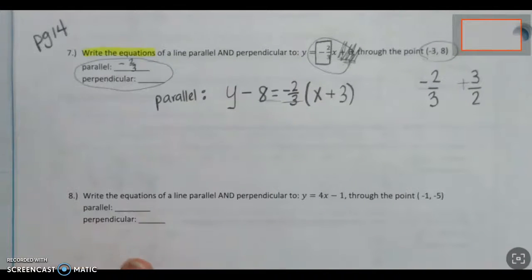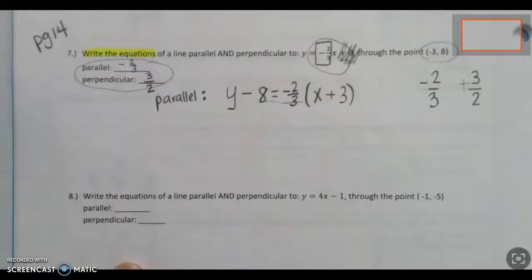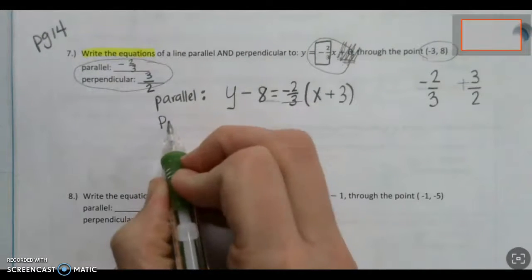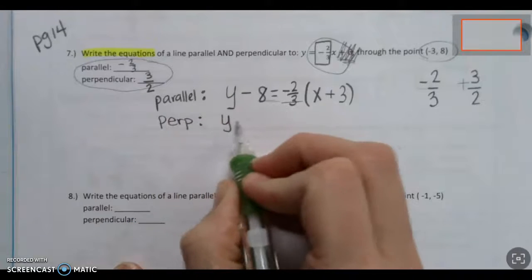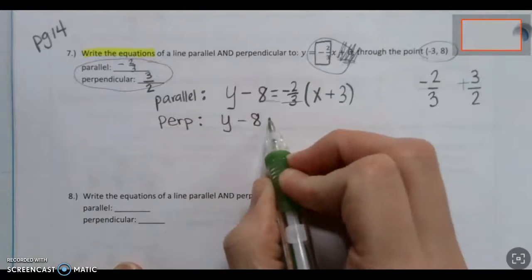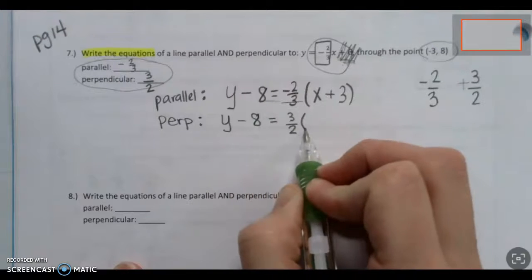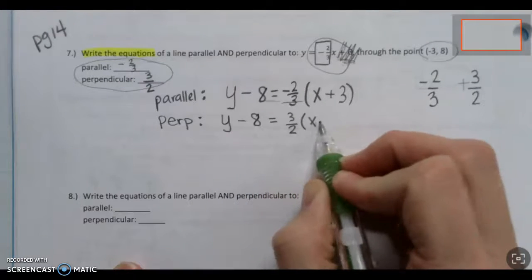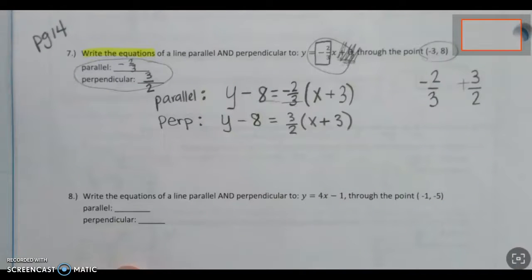So when I do my perpendicular equation, I'm going to use 3/2 as my slope. Okay, so for the perpendicular equation, it's going to look like this. Y minus 8, that's not going to change. Positive 3/2 as my slope. And then just copy that x plus 3. That'll be the same.